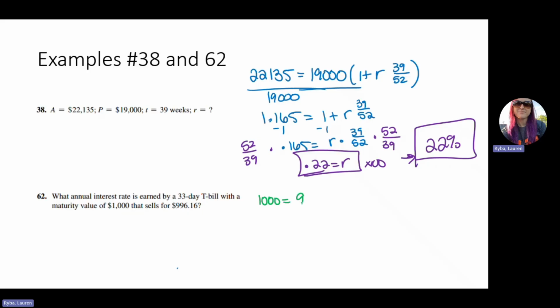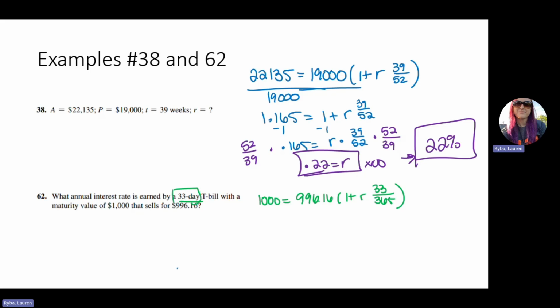1,000 equals 996.16 times 1 plus, again, we are looking for R, but this one is a day problem. So 33 days out of 365. And then it's pretty much just like what we did in the previous problem.